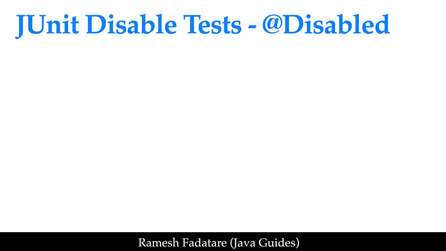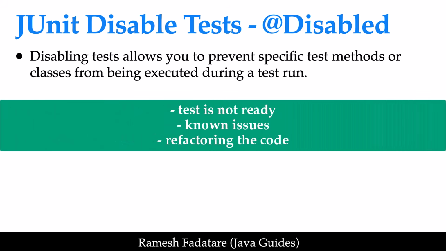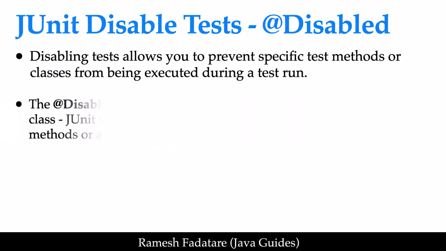Hi everyone, welcome back. In this lecture, we'll take a look at how to disable tests using the @Disabled annotation in JUnit. Disabling tests allows you to prevent specific test methods or specific test classes from being executed during a test run. This can be useful in scenarios where a test case is not ready, needs to be temporarily skipped due to a known issue, or when refactoring the code.